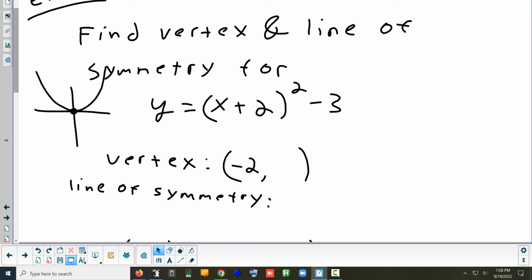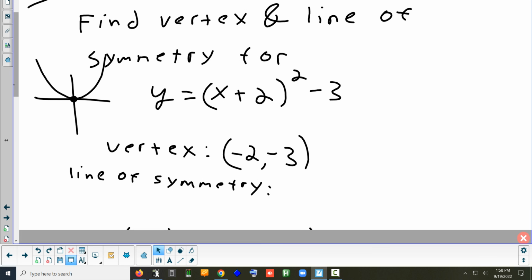We're also doing the -3. So Jackson, what's that minus 3 going to do? It's going to be the y vertex. Yeah, that's going to shift it down 3. So this brings it left 2 and down 3. So imagine moving this point left 2 and then down 3. The coordinate would be negative 2, negative 3. There's our vertex.